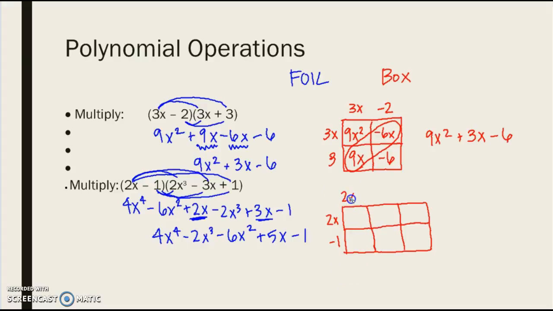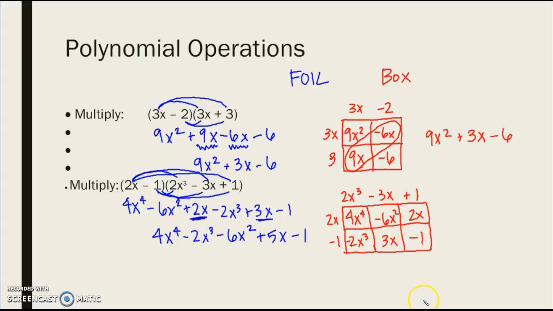Alright, and then 2x cubed minus 3x plus 1 across the top because that's where my 3 boxes are. Same thing I multiply. 2x times 2x cubed, 4x to the 4th. 2x and negative 3x, negative 6x squared. 2x and 1, 2x. Negative 1 and 2x cubed is negative 2x cubed. Negative 1, negative 3x, positive 3x, negative 1 and positive 1, negative 1.